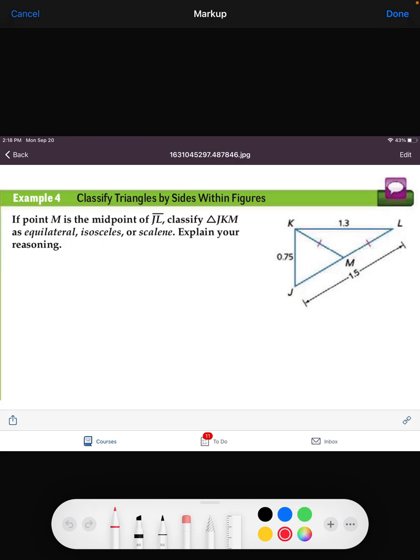First it says M is the midpoint of JL. So M is the midpoint of this line, which means that JM is going to be equal to LM. Let's put a hash mark to show that these two are equal. If JM is equal to LM and they both add to 1.5, we can say JM plus LM equals 1.5.